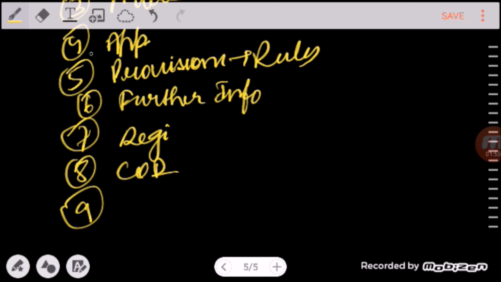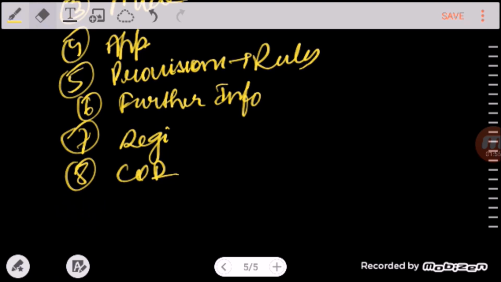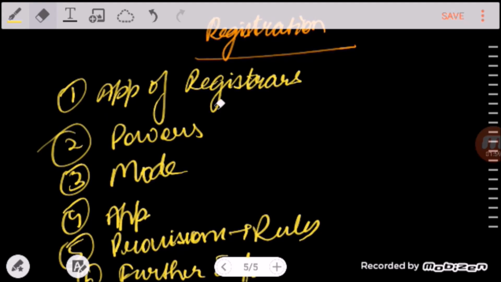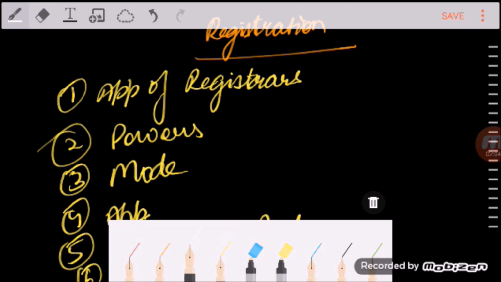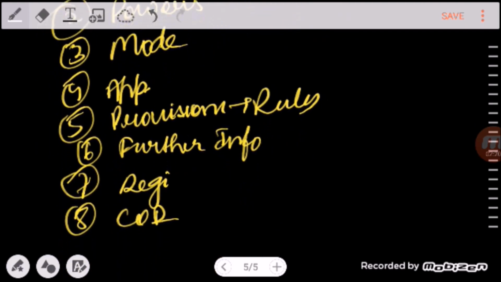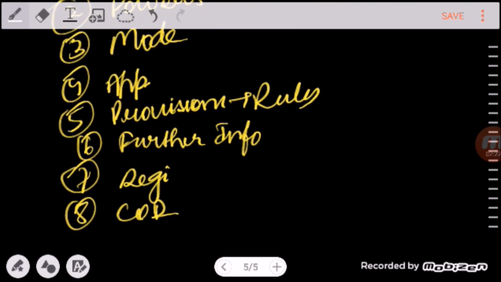So we have divided the steps of registration into 8 points: appointment of registrars, then the powers, mode of registration, application for registration, provisions to be contained in the rules of a trade union, power to call for further information, registration, and certificate of registration.